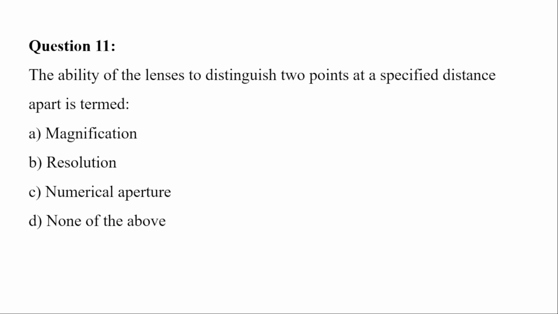If the resolution is 1 millimeter, then the lens can see both the points as two distinct points. So whatever the distance is, if the lens can see the points around that distance as two specific points, that particular distance is the resolution of the lens.